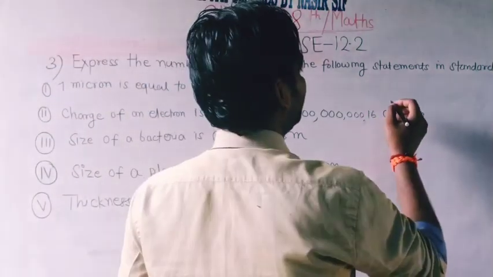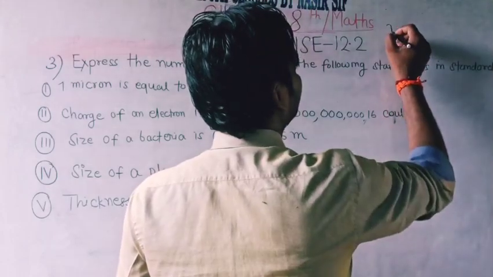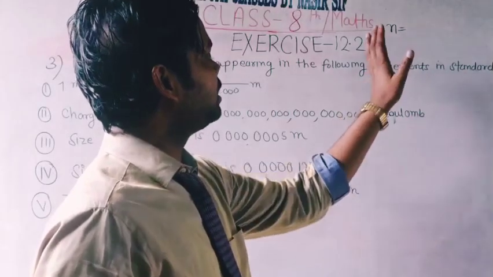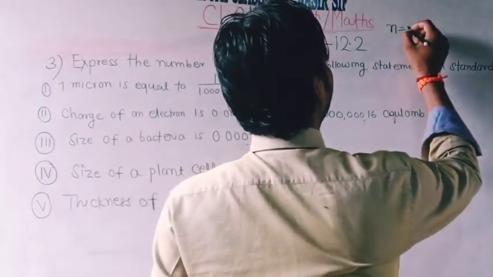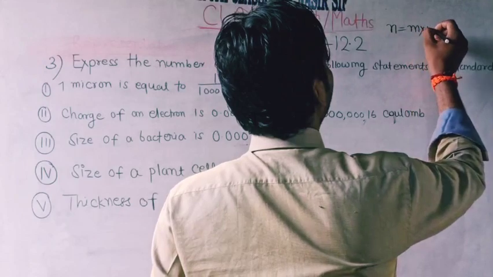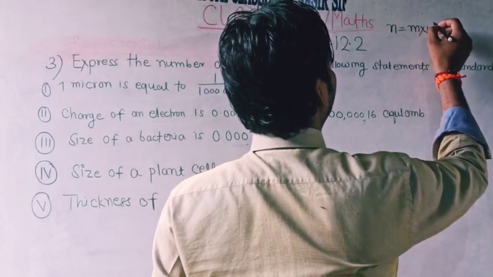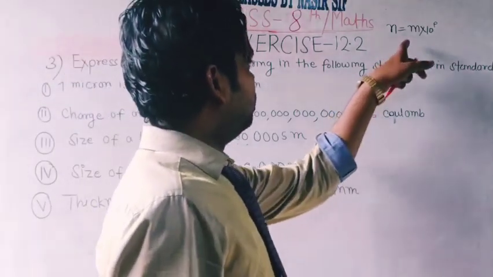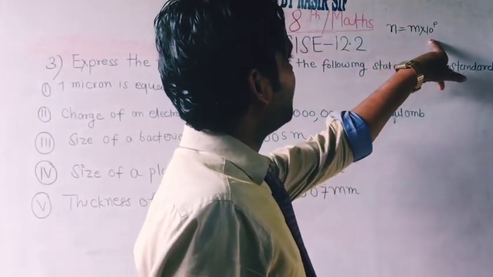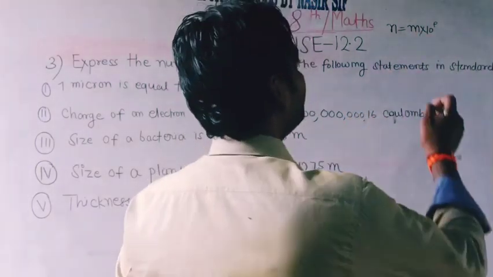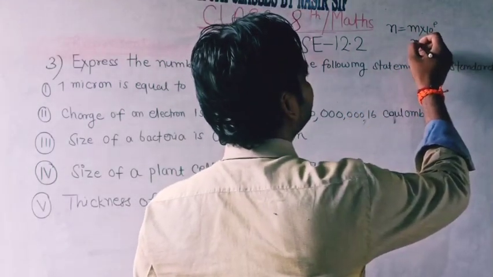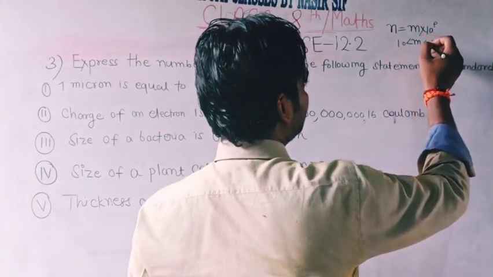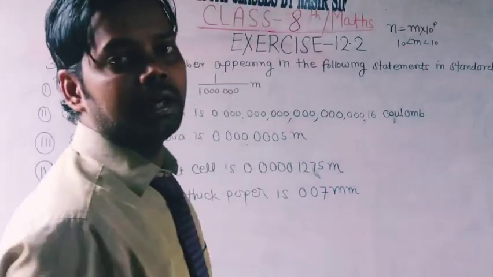Let a number n. Then expressing it in standard form, we have to write m into 10 to the power p, means in exponent form, where the value of m is less than 10 and greater than or equal to 1.0, and p is any integer.